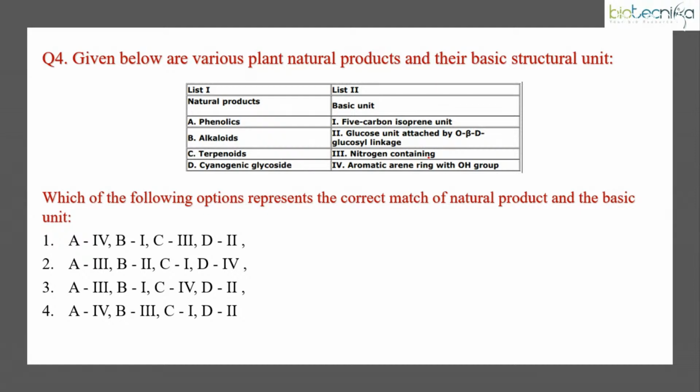Then you have nitrogen containing compound, then aromatic arene ring with OH group. What should be the answer over here? Okay, I got an answer from Sarita and Maria. What about others? Anyone else who can make up this answer?